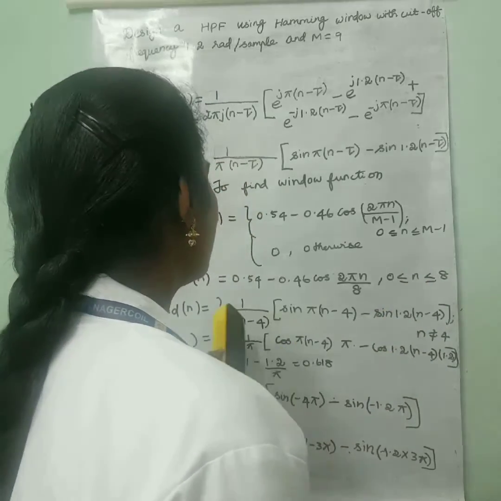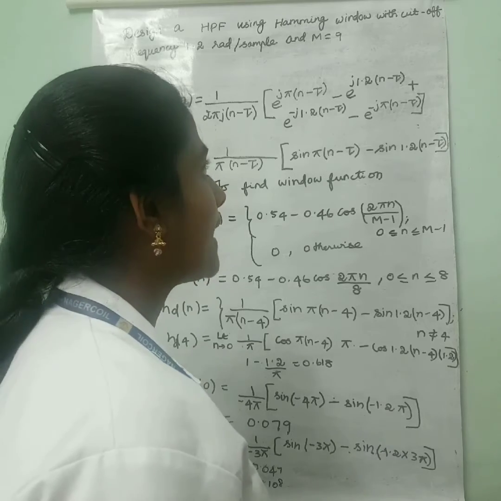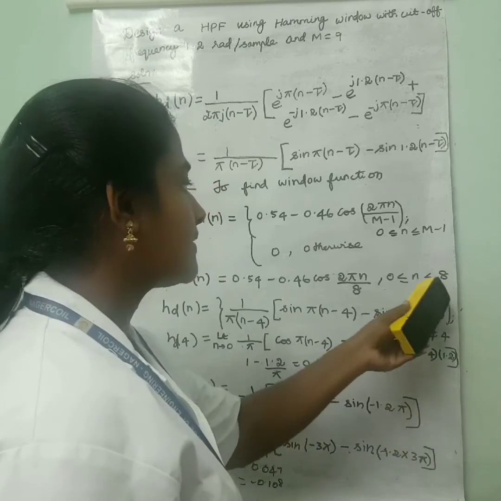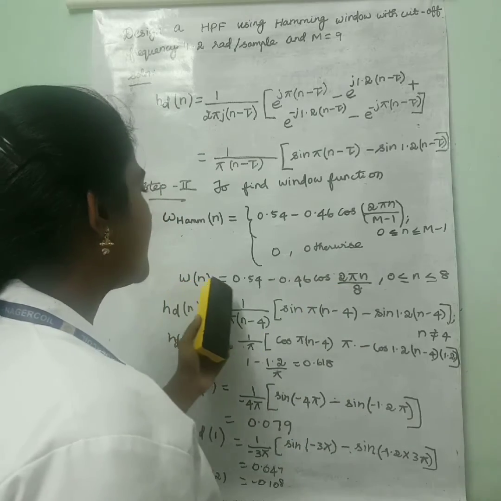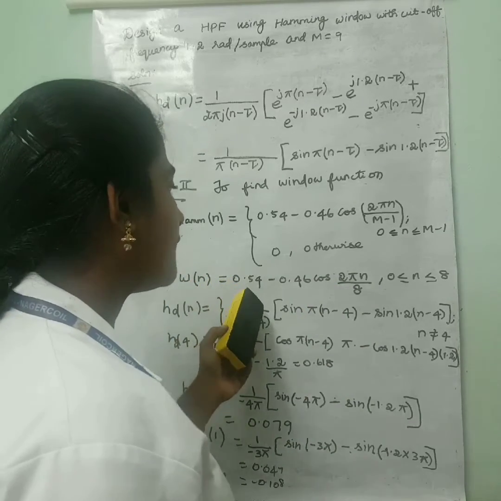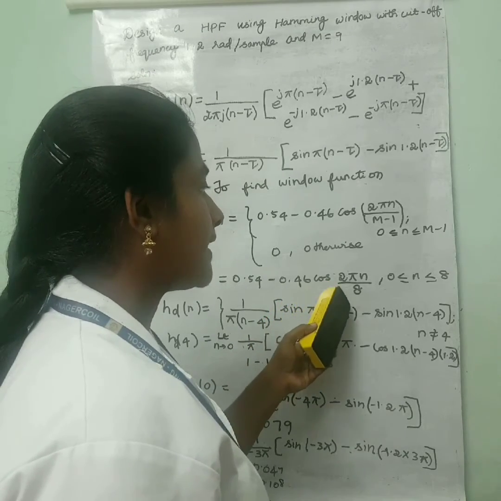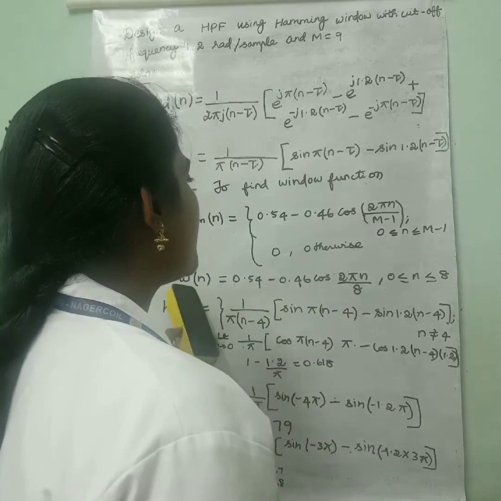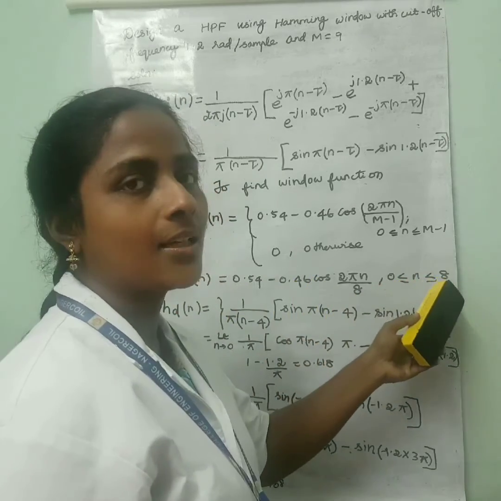We can substitute the value of M, that is M is equal to 9. 9 minus 1 is 8, and here also you substitute 8. So you will get the function as 0.54 minus 0.46 cos(2πn divided by 8). Now we have to substitute the values for n from 0 to 8.